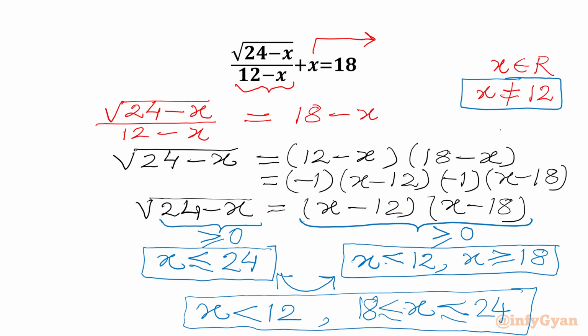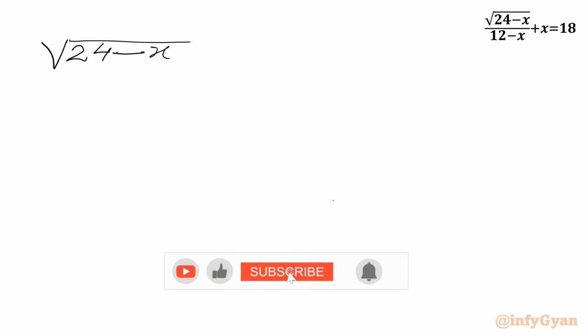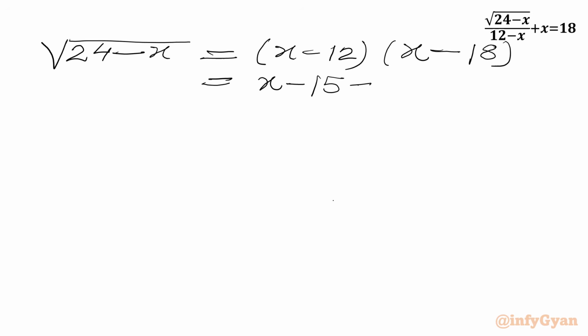Now we will consider our equation. Let me write here square root 24 minus x equal to x minus 12 times x minus 18. So we can write x minus 12 as x minus 15 plus 3.